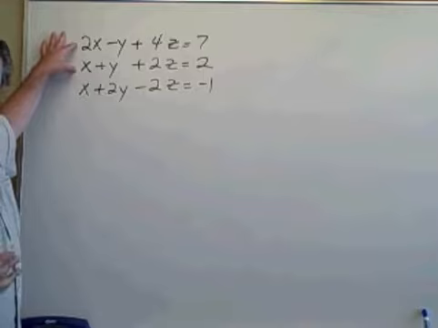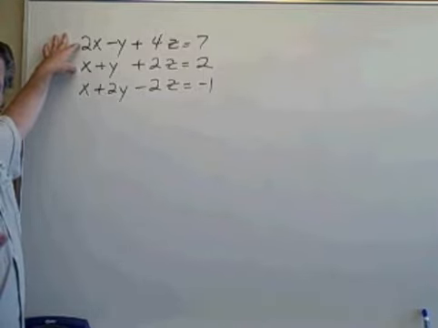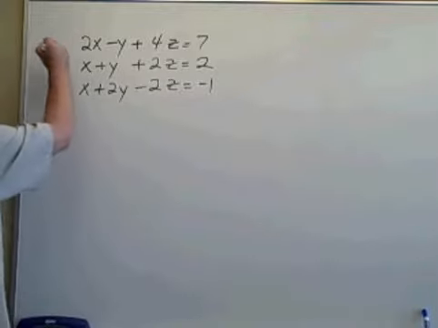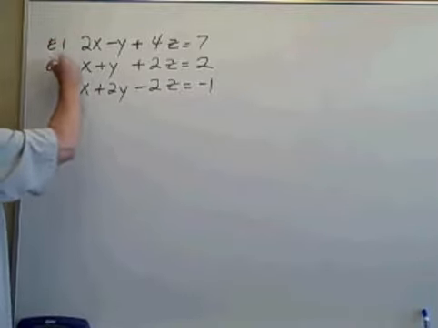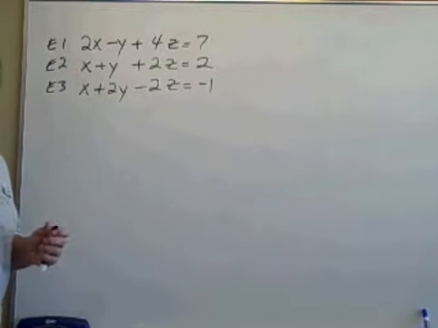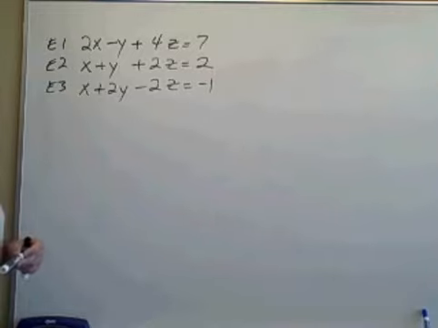Well, I noticed right away, if I add those 2 equations together, won't the y terms disappear? If I add equation 1 to equation 2, instantly the y's disappear because they have additive opposites as their coefficients in those 2 equations, and that will create a new equation that only has x and z.